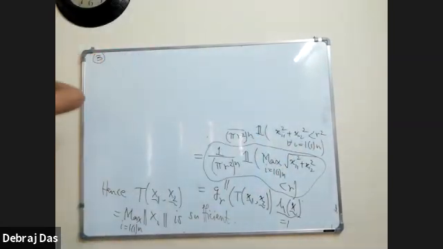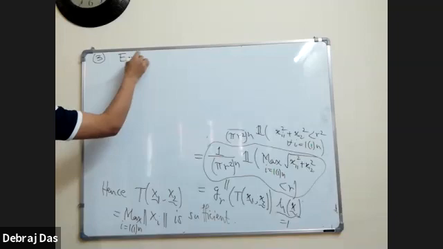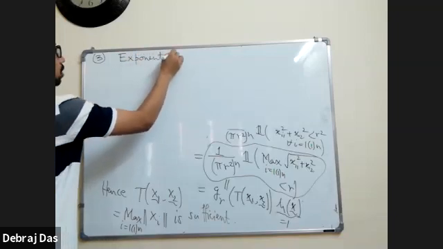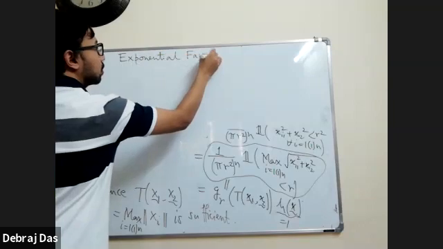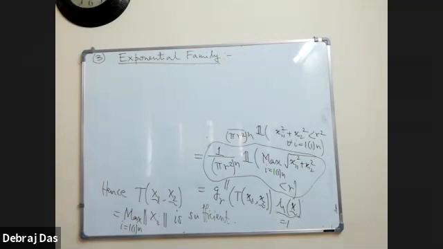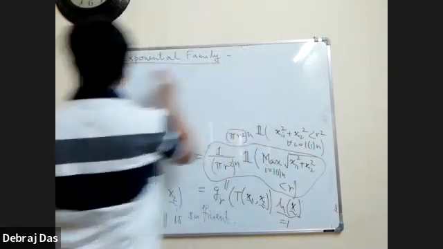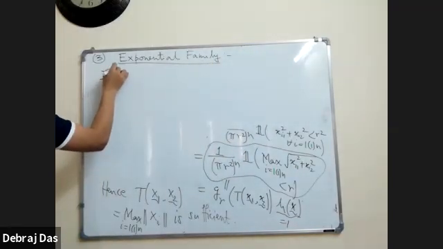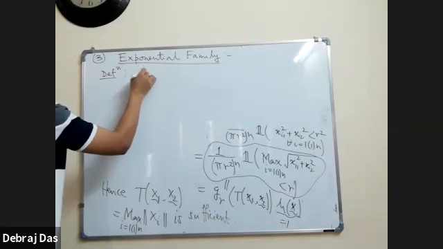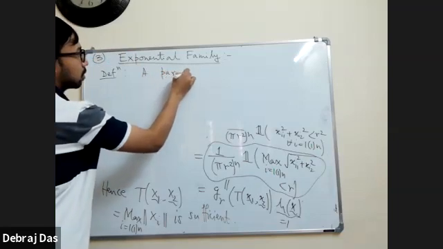The third one is the famous family, which is called the exponential family. This is the definition of the exponential family. First of all, the exponential family is a parametric family.